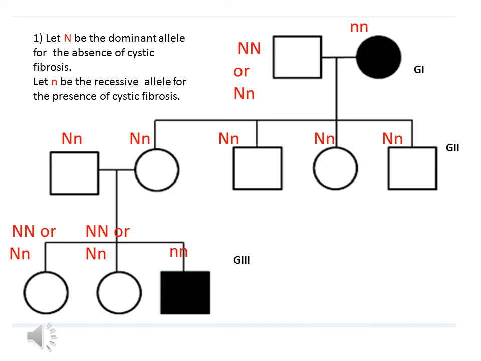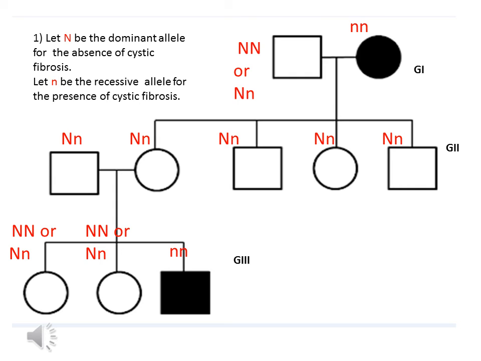The male in the 3rd generation has the disease. He is small n, small n. Then we conclude that the father must be a carrier and thus he will be big N, small n. Let's move on to the girls of the 3rd generation.